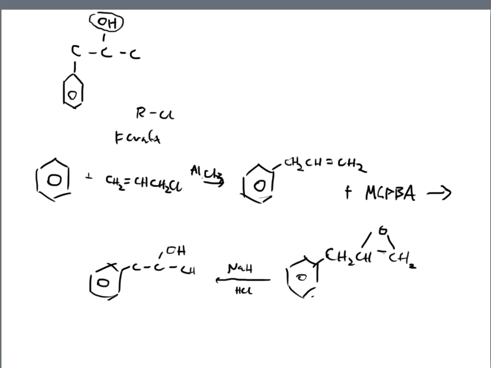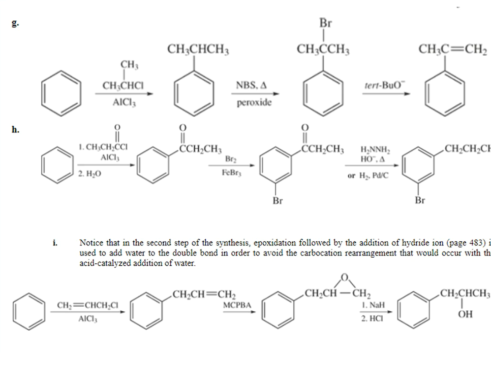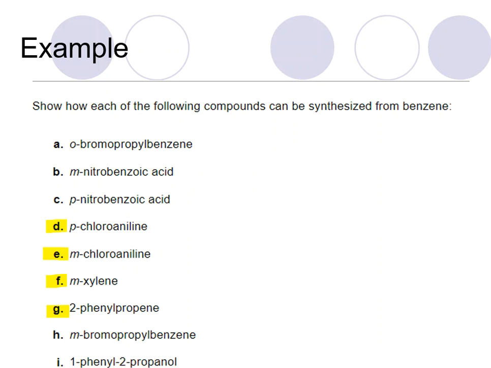All right, now let's go back and take a look at the other four: D, E, F, and G. D, E, F, and G, I do not want you to worry with. I'm not going to ask you to go through and answer these types of problems.